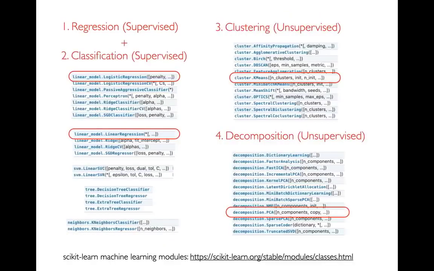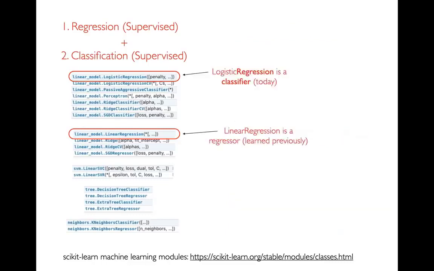As I've mentioned, we have these big categories, and sklearn has so many different algorithms or implementations for each of them. The one we've learned so far is linear regression. That's what we've been using for regression. So a linear regression model is what we call a regressor.